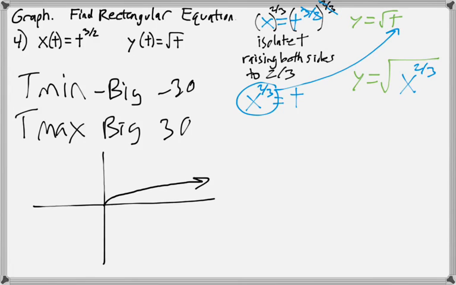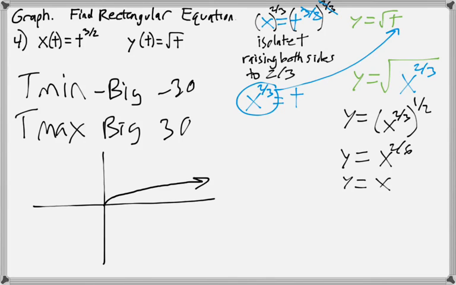And I can simplify this, so y is equal to x to the 2/3 all raised to the 1/2. So I'm converting it from a square root to a 1/2 power. And then I'm going to multiply the power to power, and it'll be x to the 2 over 6, which reduces to x to the 1/3.